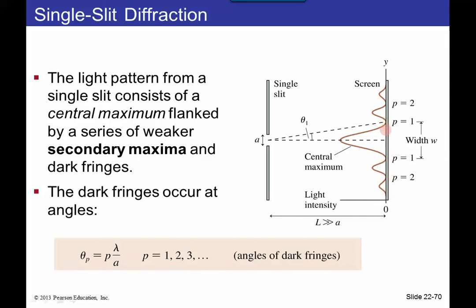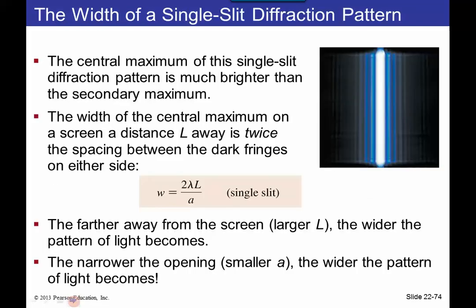The location of these dark fringes occurs at p lambda over A, where p is 1, 2, 3, a number, and A is the width of the aperture here. The central maximum of this single slit diffraction pattern is much brighter than the secondary ones.